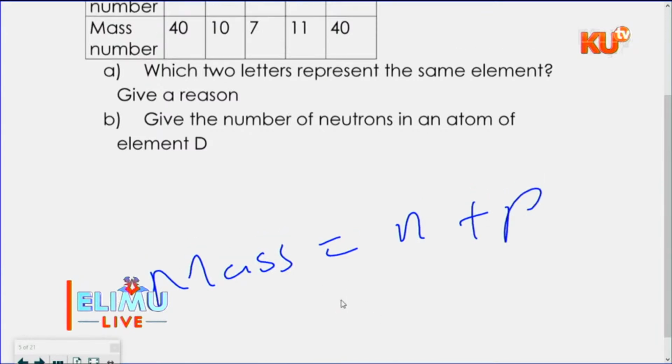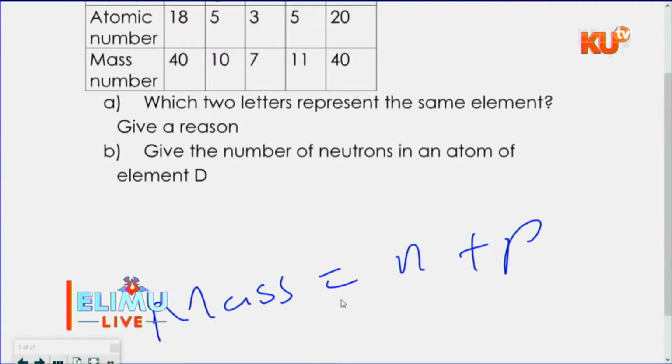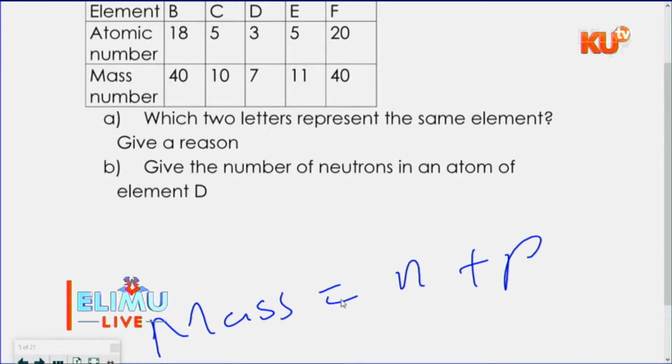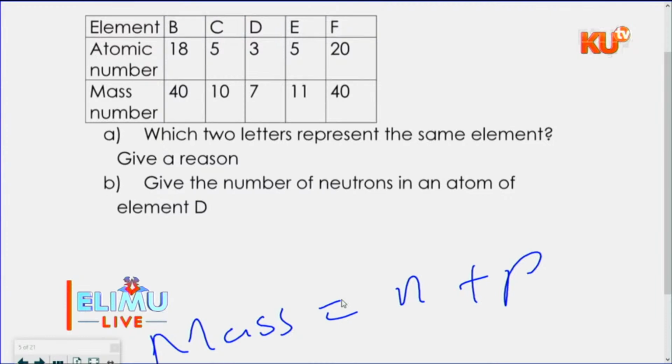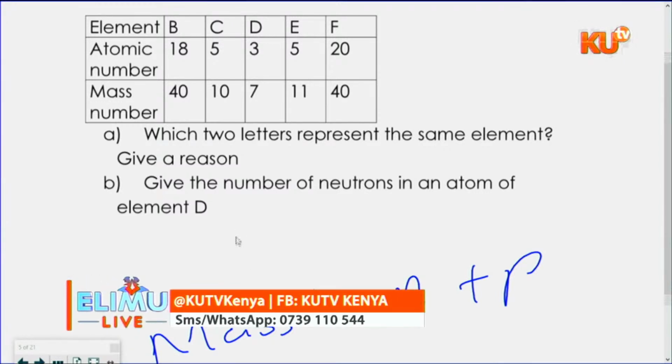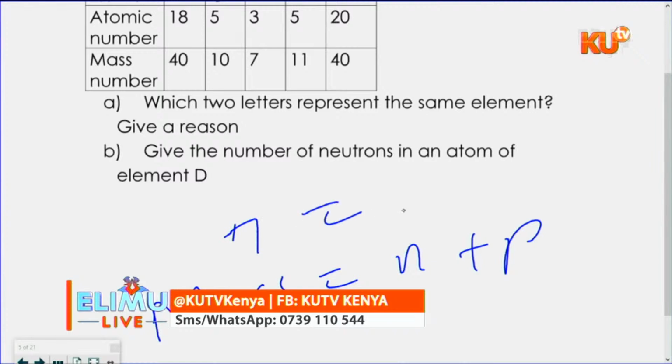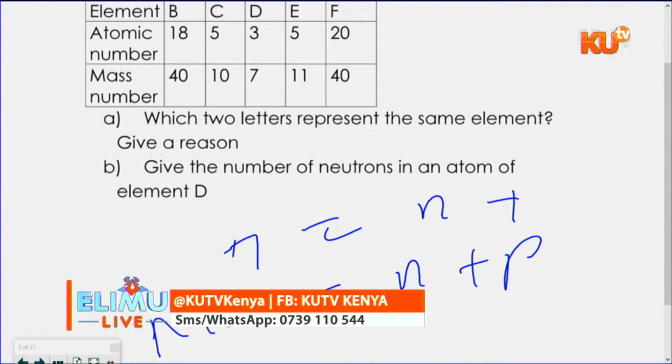So if you go to element D, what was the mass number of element D atom? You can check from the table. Element D, the mass number is 7. So if the mass number is 7, you can say 7 equals N plus P. P is protons. And if you remember well, the definition of an atomic number is the number of protons in the nucleus of an atom.